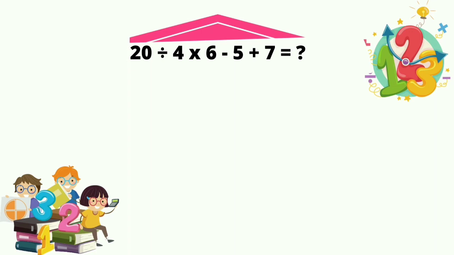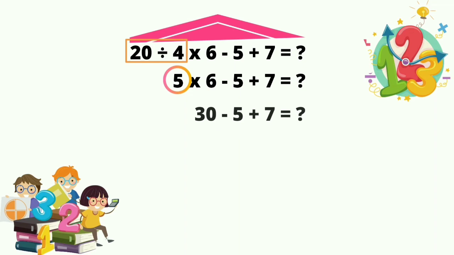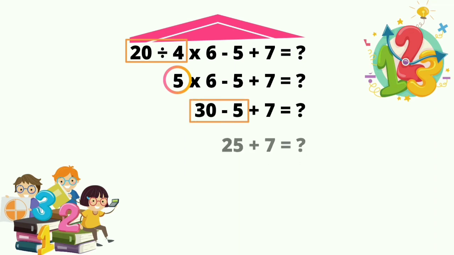So as what we have said a while ago, rule number 1, perform multiplication or division, then perform addition or subtraction, whichever comes first from left to right. In this case, let's take division first. 20 divided by 4 is 5, times 6 is 30, minus 5 is 25, plus 7 equals 32.